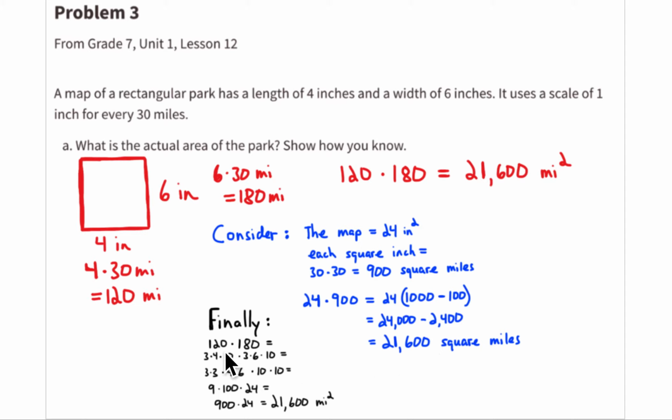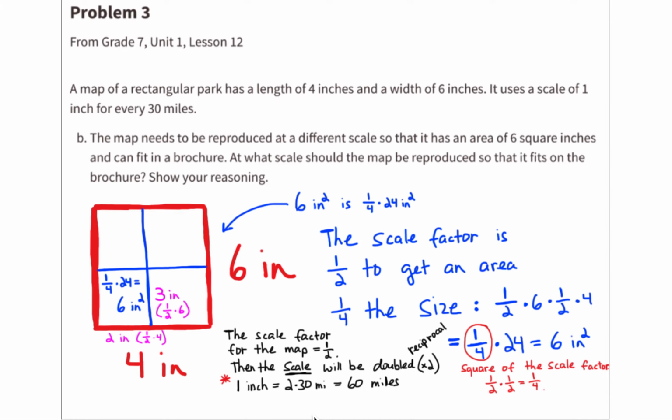And if you take 120 and multiply it by 180, do a little bit of factoring: 3 times 4 for the 12, 3 times 6 for the 18, pull out the 3s, times 100, that's the 900, this 900 right here. And what do you have left? You have 4 times 6 left. So this factors out to be 900 times 24, which is equal to 21,600 square miles.